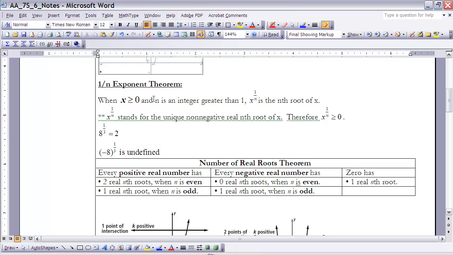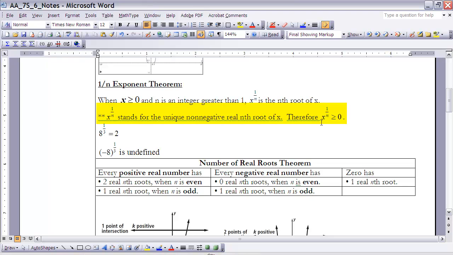And the value of n, the number on the bottom, has to be an integer greater than 1, so 1 over 2, 1 over 3, 1 over 4, etc. Because of this, x to the 1 over n stands for the unique non-negative real nth root of x. Therefore, x to the 1 over n is always a positive or non-negative value.